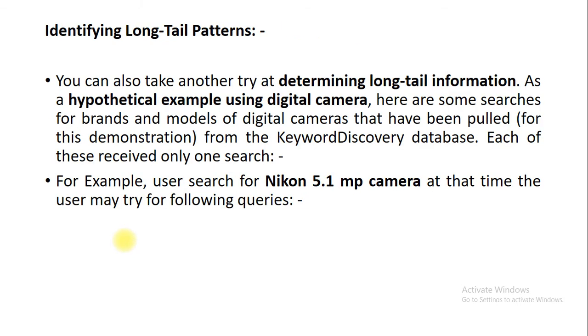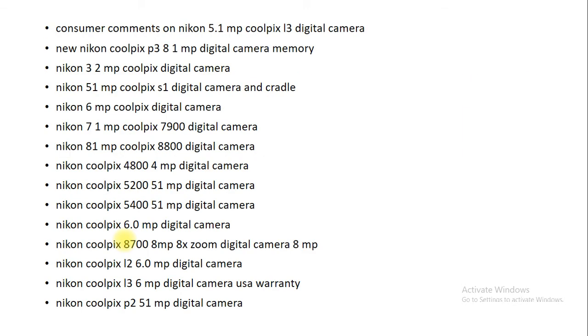Next is identifying long tail patterns. Here is a hypothetical example using a digital camera. We have taken the Nikon 5.1 megapixel camera example and tried to form long tail queries. For example: consumer comments on Nikon 5.1 MP Coolpix L3 digital camera, new Nikon Coolpix P3 8.1 MP digital camera memory.